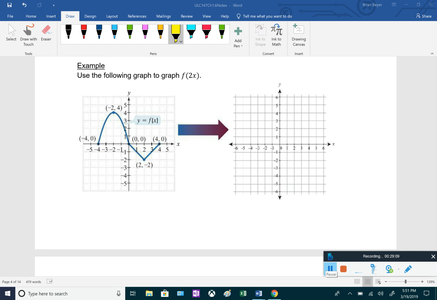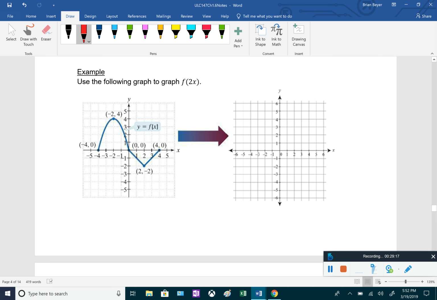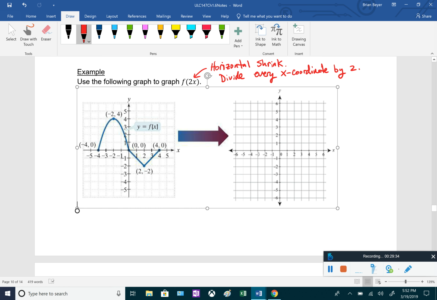So we want to graph f of 2x given that graph of f of x on the left. So f of 2x, based on what we have written on this page, we know that this is going to be a horizontal shrink because the c value here is 2, which is greater than 1, which means we divide every x coordinate from f of x by 2.